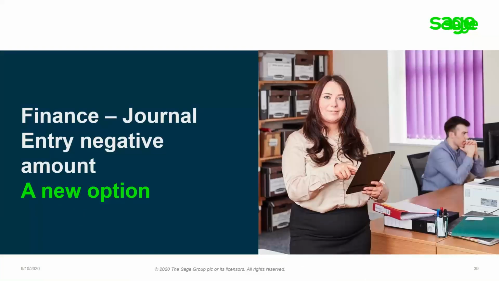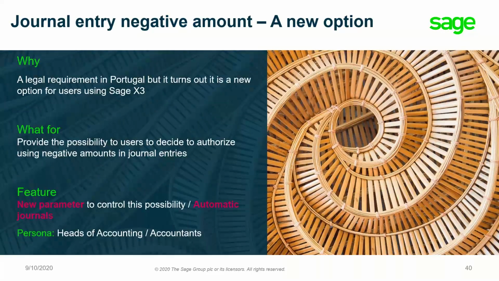So I'm now stepping into the financial area, where we have delivered a small but maybe very useful enhancement: journal entry negative amount, for our target personas such as heads of accounting or accountants. Why did we develop this?